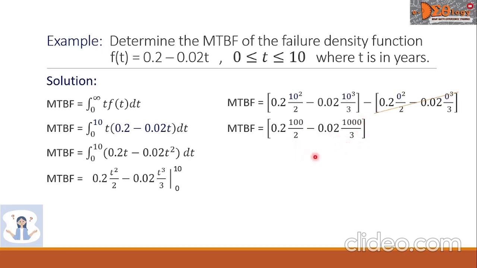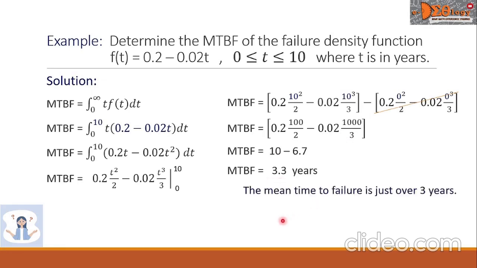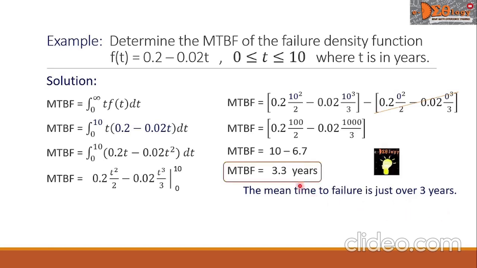Simplifying each of the fractions, we have now 10 minus 6.7, and the difference is 3.3. And we say that this is in years. It means the mean time to failure of the item is just over 3 years. This is the final answer.